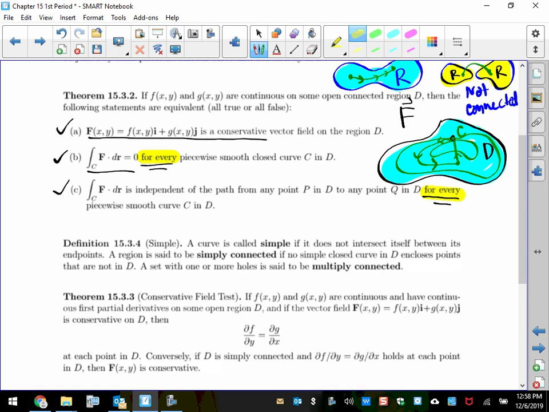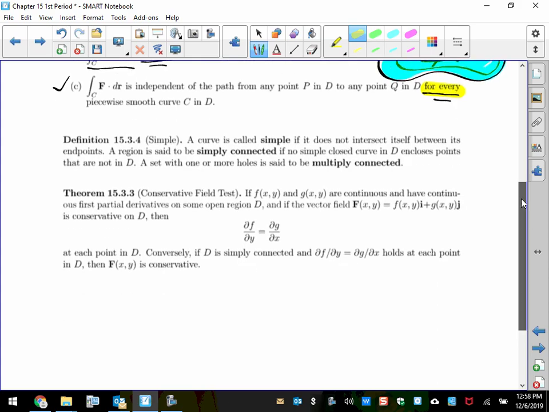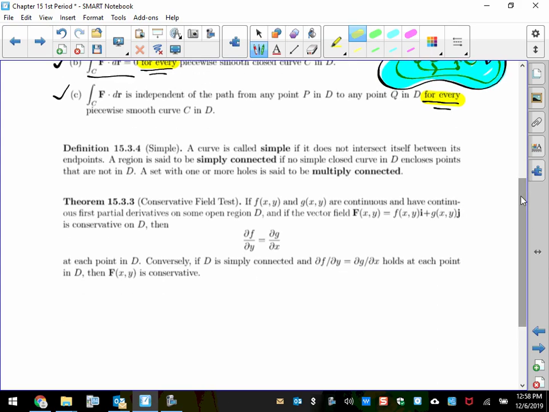So the only other way that we could show that it's conservative is to actually find a potential function. So let's come down here and read the next definition and theorem to help us solve this problem. Definition 15.3.4 is the definition of what it means to be simple.